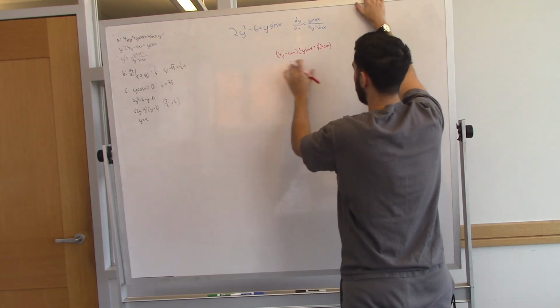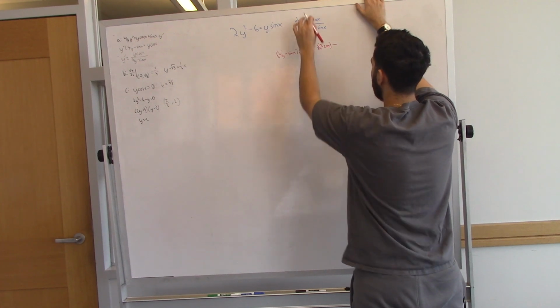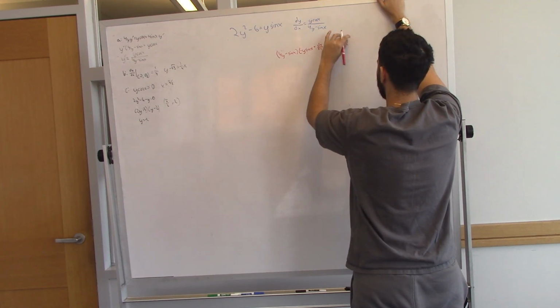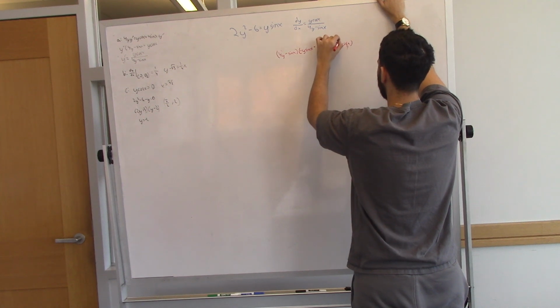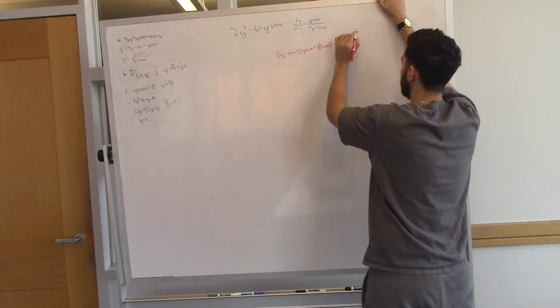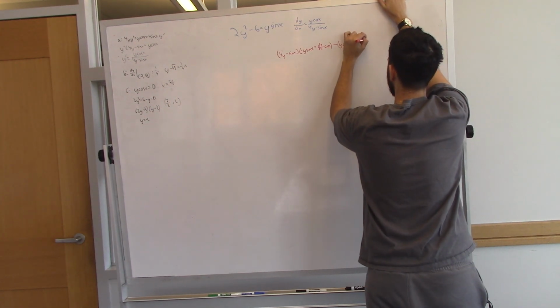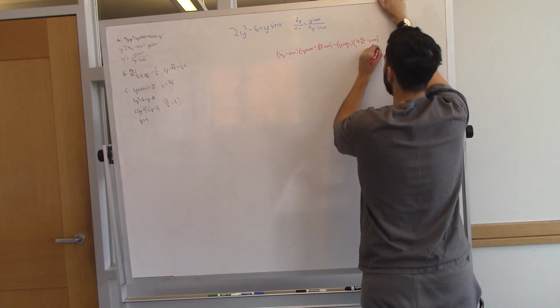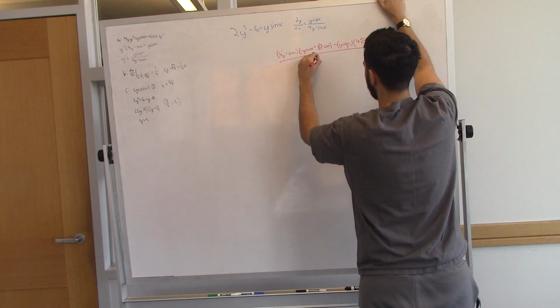Now that's low d high minus high d low, minus y cosine x times d low is going to be 4 dy dx minus cosine x all over low squared.